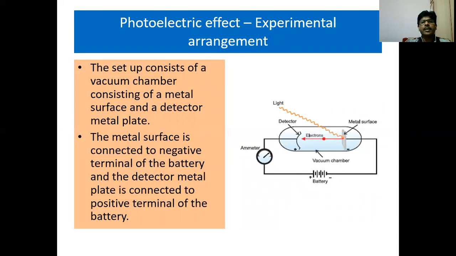Here we see the experimental arrangement to study photoelectric effect. The setup consists of a vacuum chamber consisting of a metal surface and a detector metal plate. The metal surface is connected to the negative terminal of the battery and the detector metal plate is connected to the positive terminal of the battery through an ammeter.